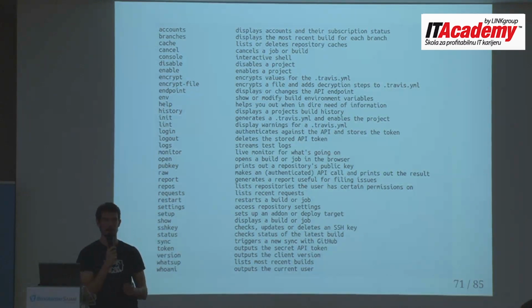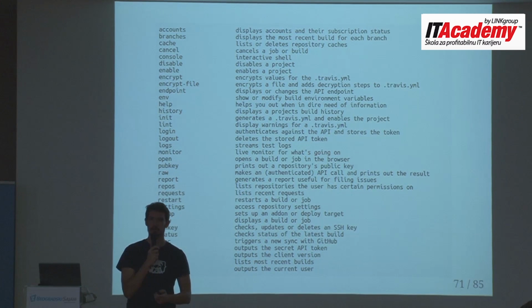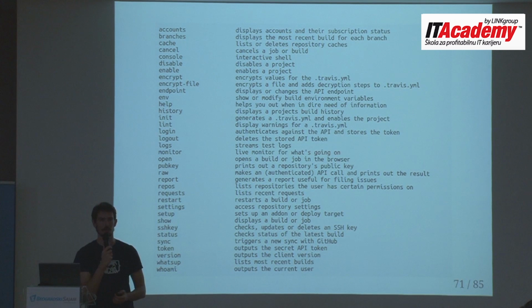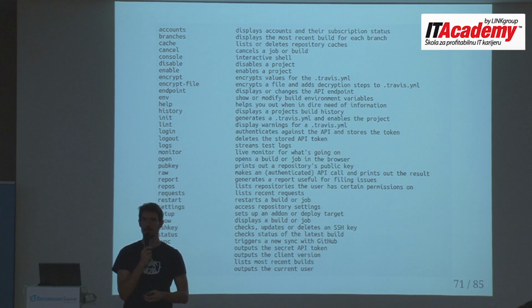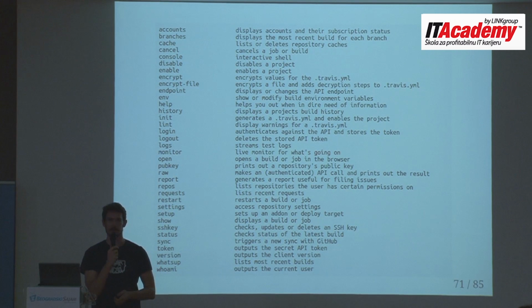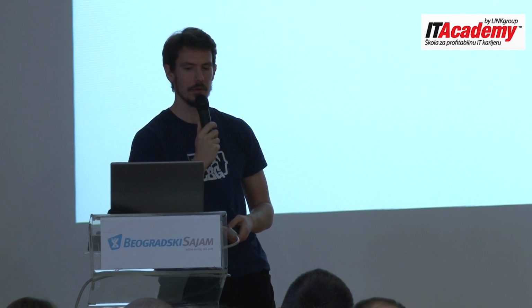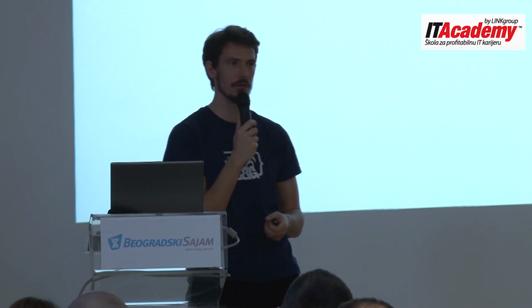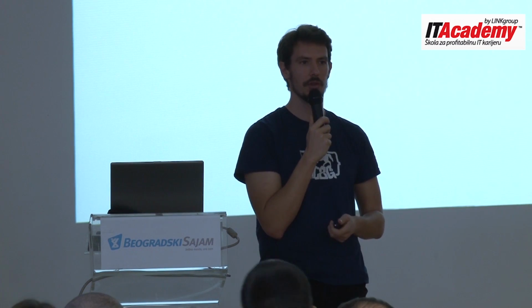So you have loads of things which you can do here. Again, I won't list them all. If you're interested, just go check it out. One I forgot to mention here is travis open. It will just open your latest Travis build in your default browser. That's useful. You can also log in, so you can do some things which need authorization.